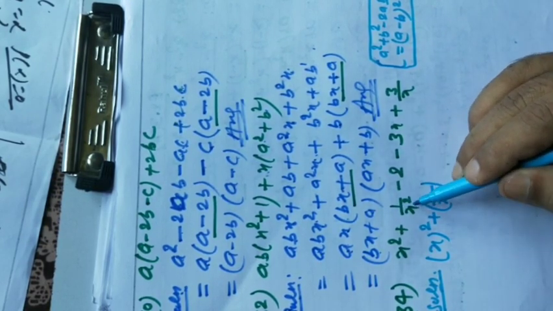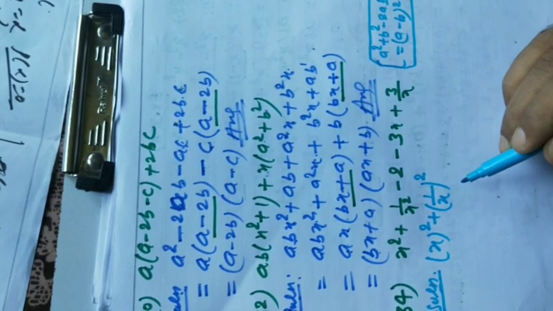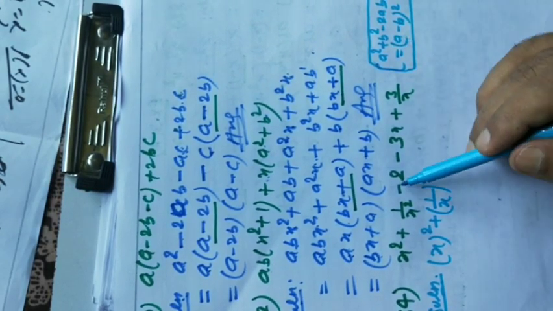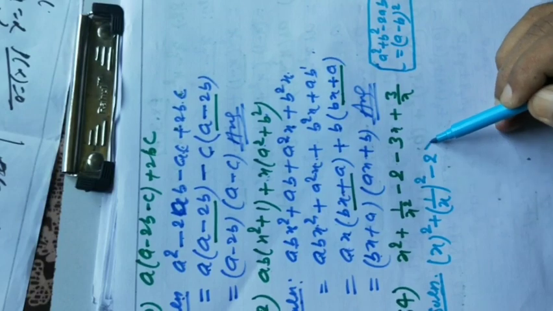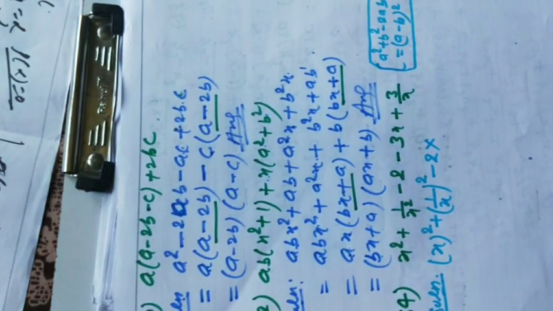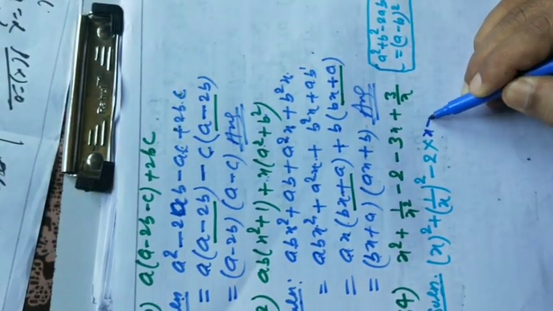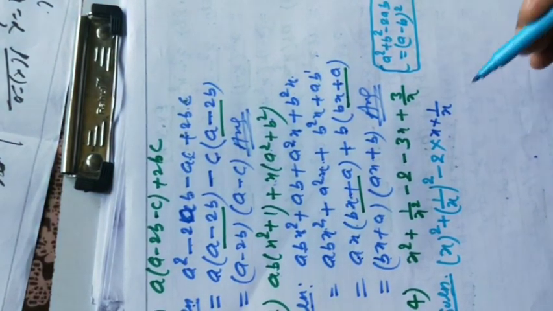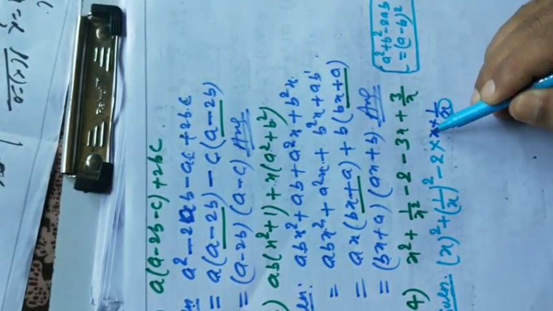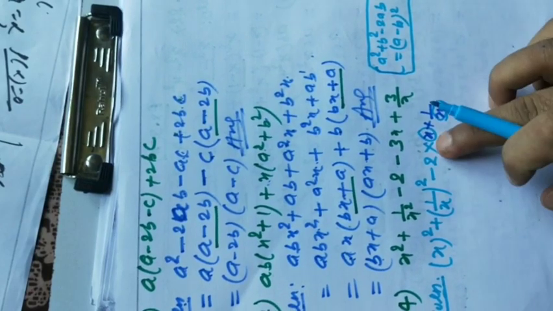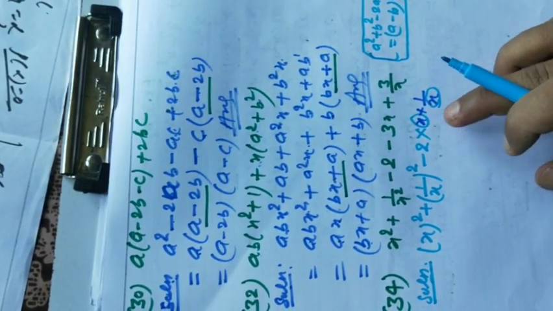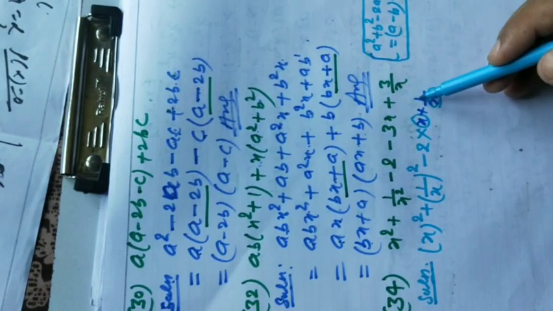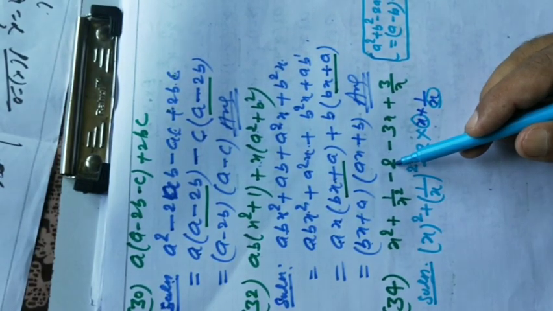So 1 by x square can be written as 1 by x the whole square, and minus 2 is there. Then we are going to put here x multiplied by 1 by x. Now this x and this x will be cancelled by 1 times. Then what will be left here? 2 multiplied by 1, that is 2 will remain here.